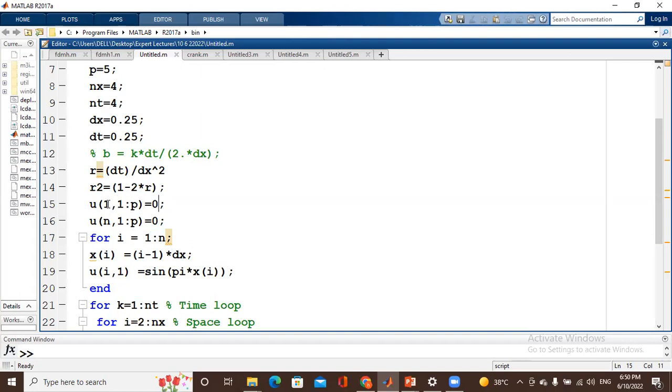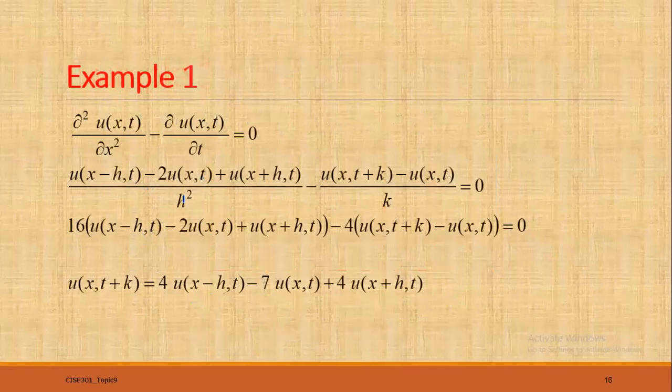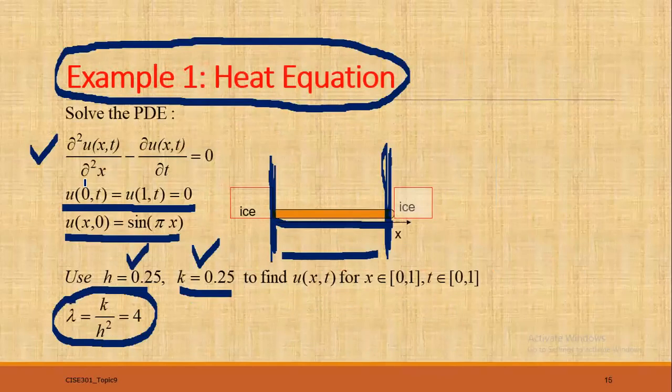Here actually in our problem, the boundary condition is given at 0, but when we write the program, then 0 we consider as 1, and 1 is the end of the interval.